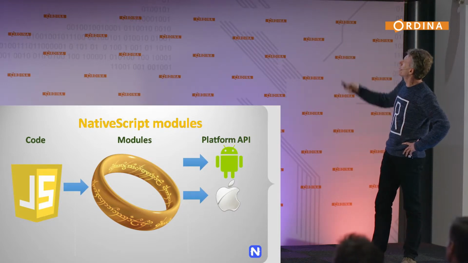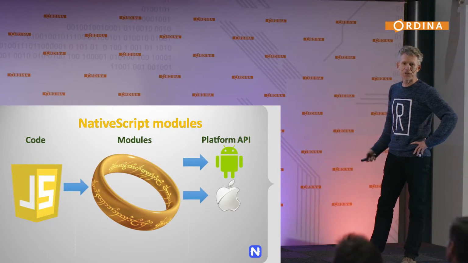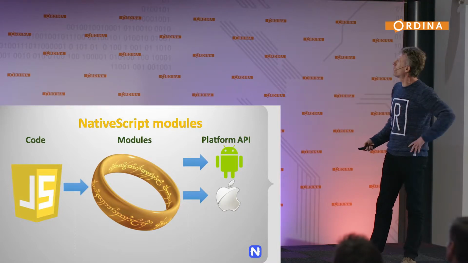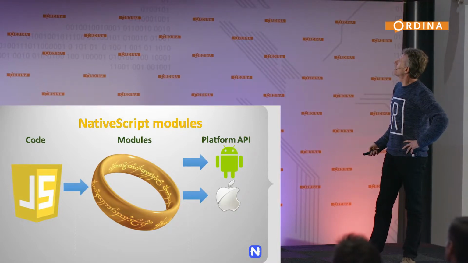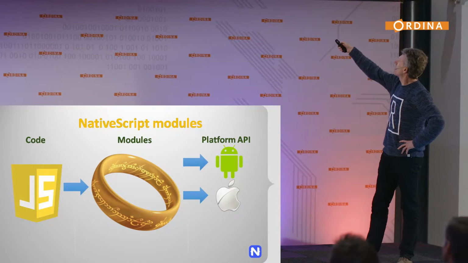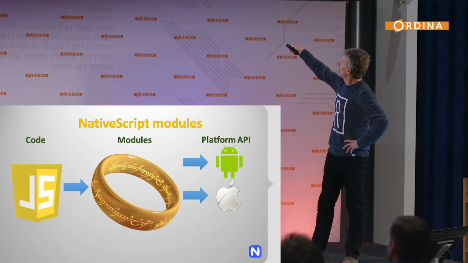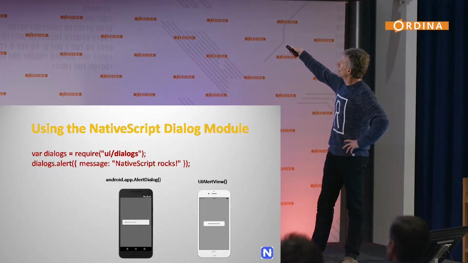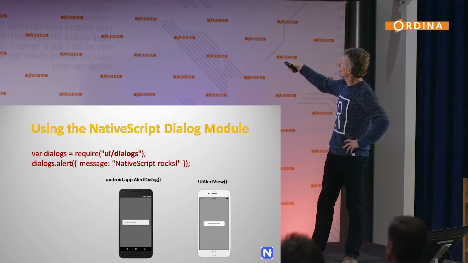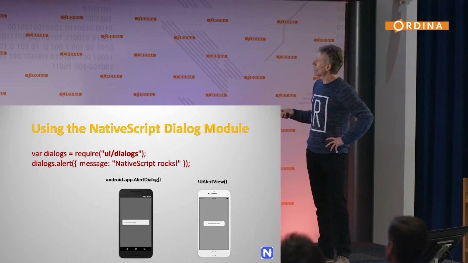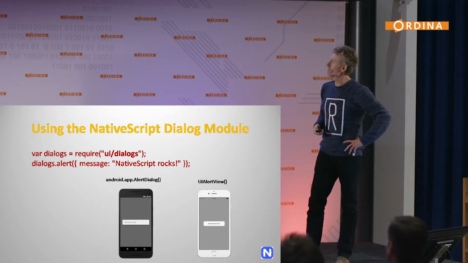It does the same as the code I showed you before, and it is in TypeScript. Here you import the dialogs module, and here you show the message on the screen, and it works on both devices.